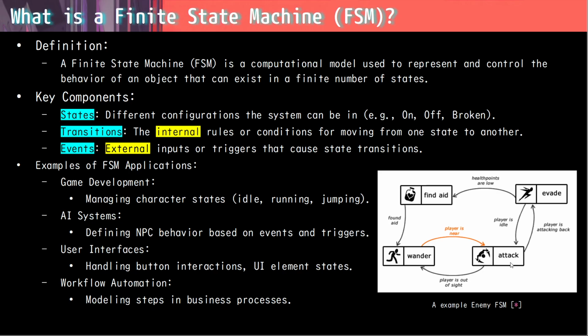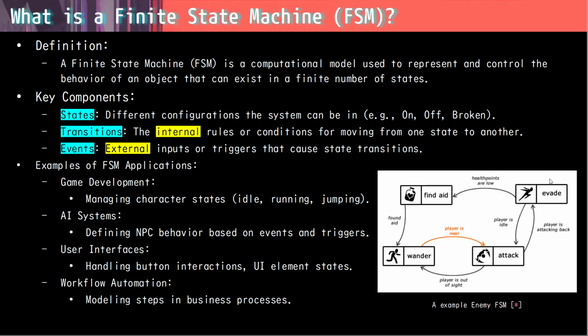When the enemy is attacking, but the player is out of his sight, that means the player may be fleeing or escaping, so the enemy will turn back to wandering mode. This is the loop between the enemy modes of wandering and attacking. This will form a loop. Let's take a look at the other state.